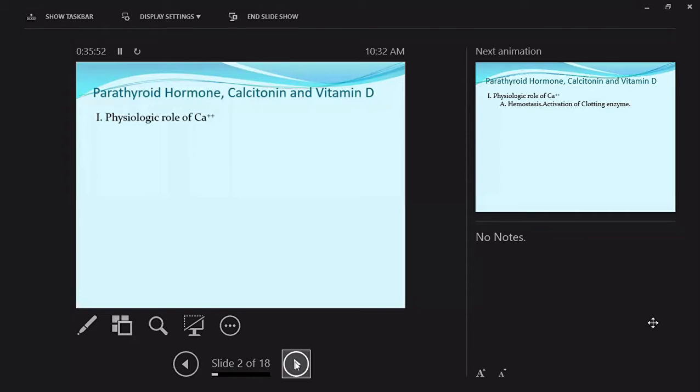It's four, very small, sort of a pea size behind the thyroid. That's why if you do thyroidectomy, be sure that you recognize the parathyroid gland beforehand so that you won't cut it or destroy it, because the patient can undergo a crisis.